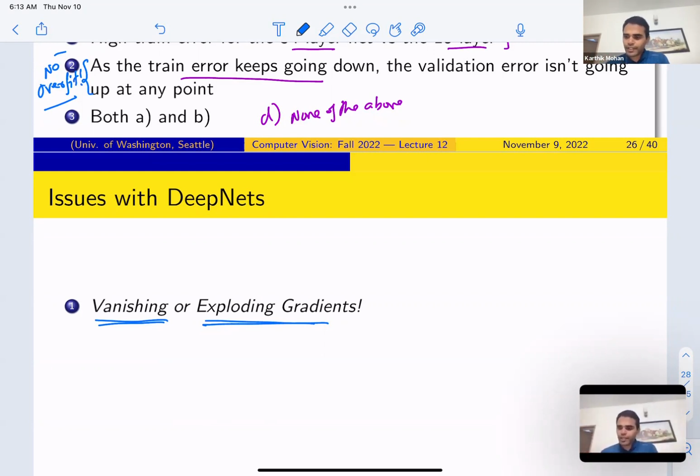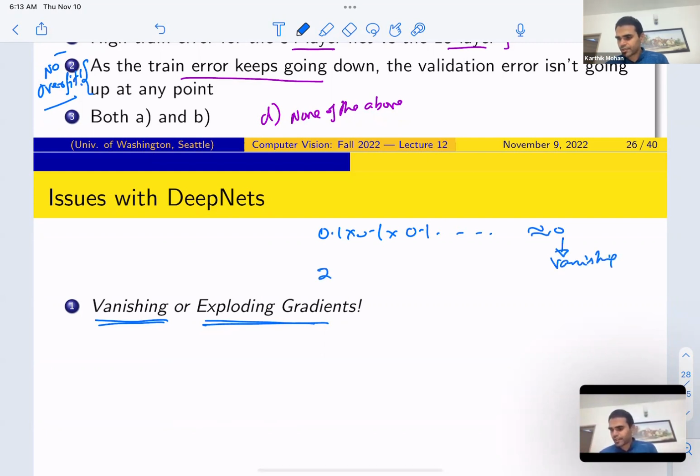When I multiply 0.1 by 0.1 by 0.1 and so on, I'm going to get 0. So this is vanishing. Or if I multiply 2 by 2 by 2 and so on, that's going to be a large number, and this is exploding.